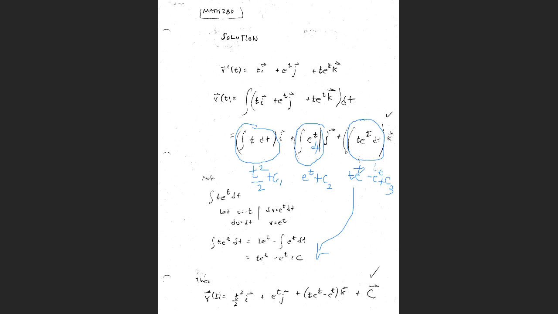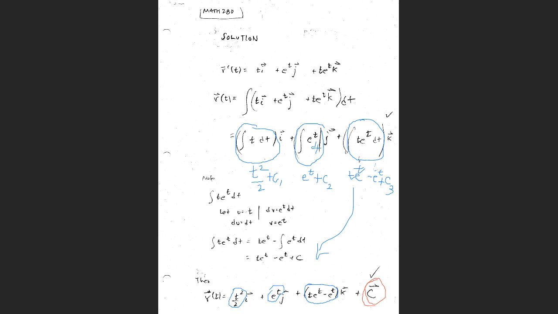Okay, so here's the t squared over 2. Here's the e to the t. Here's the t e to the t minus e to the t. And right here, we have a constant of integration, but it's a vector.